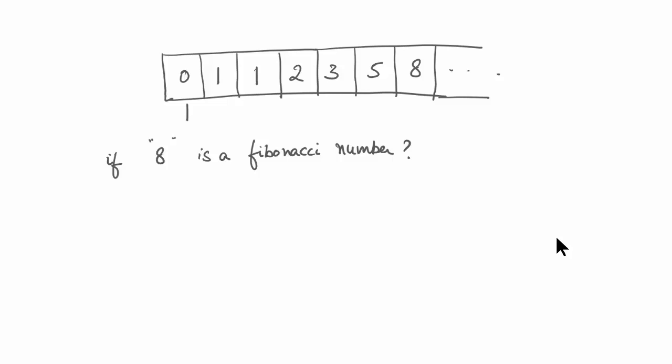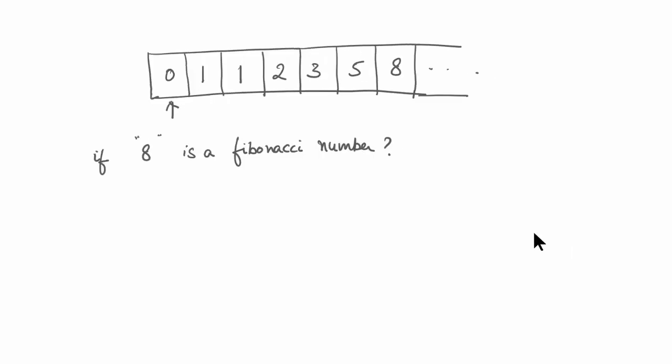So you look at the first number. Is it an 8? No. You look at the second number. Is it an 8? No. And you keep going on until you hit 8. And this is 8. Okay, we got the correct number. Now what do you do? You don't have to go forward, right? You found your answer. You stop right there and break the loop, right?